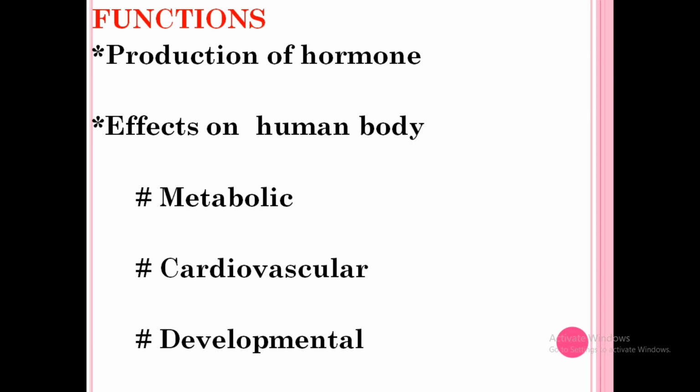Moreover, it stimulates the breakdown of fats and also increases the number of free fatty acids in the body, and thereby it increases blood flow and also body temperature. That's why when T3 or T4 is increased in the body, the person may experience high body temperature and also hypertension.